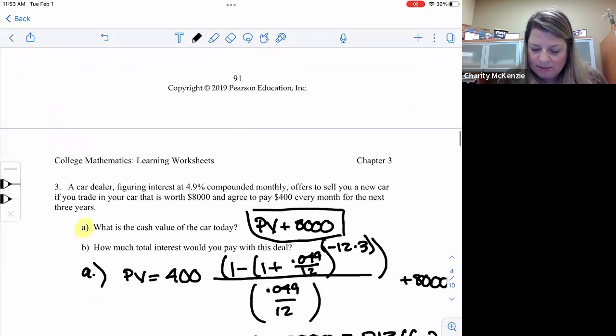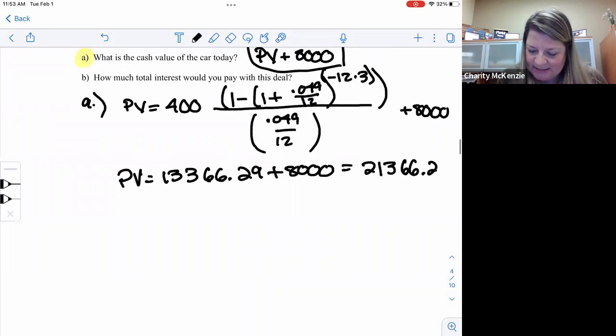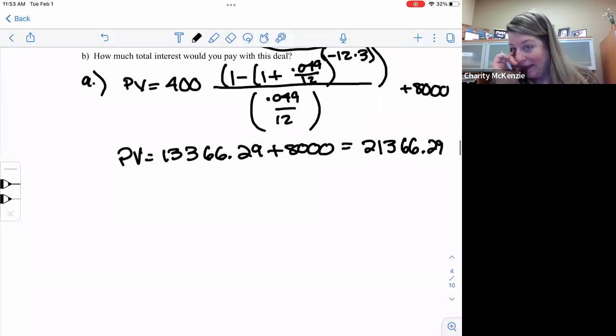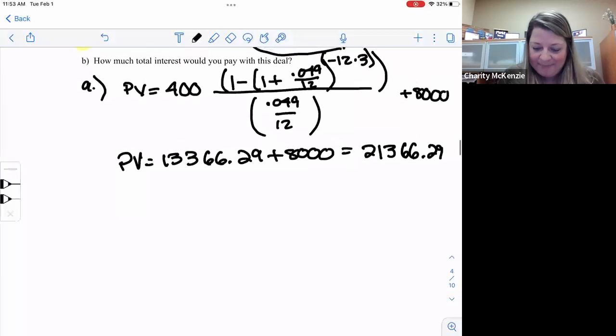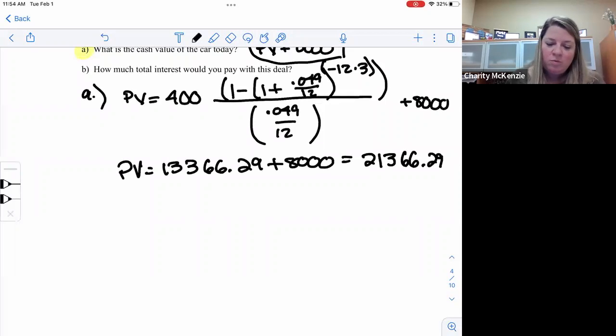I hit the scroll bar and it went flying somewhere. Okay, so there we are. So what's the cash value right now? 21,000. So what are you going to compare your $21,366 to? What that car is worth, right? Because I'm going to be making $400 a month payments plus the 8,000, and I am really going to pay about this much. It's worth about this much money.